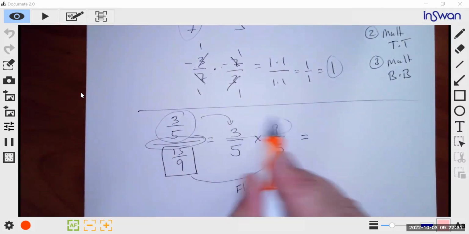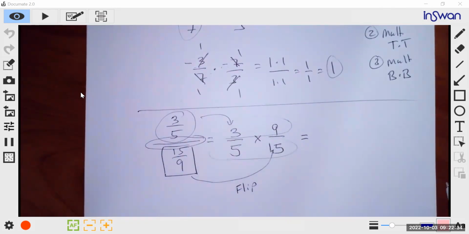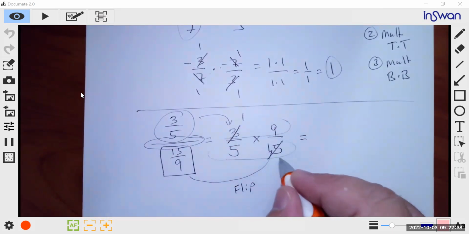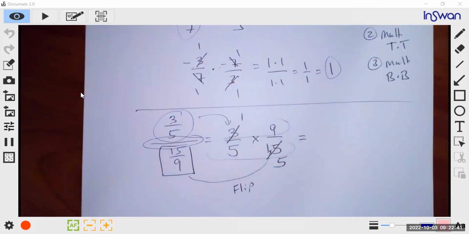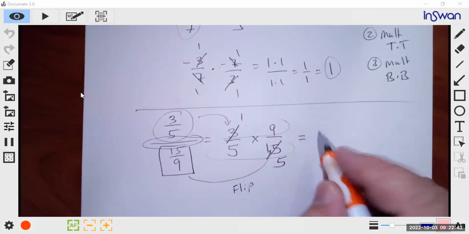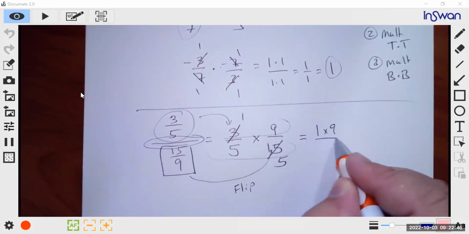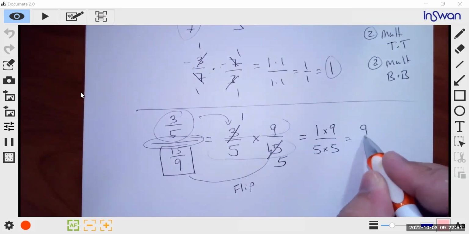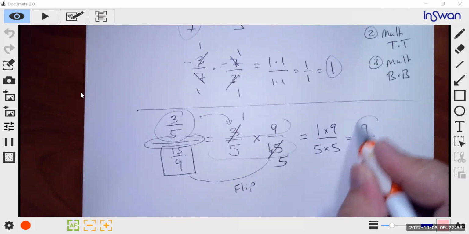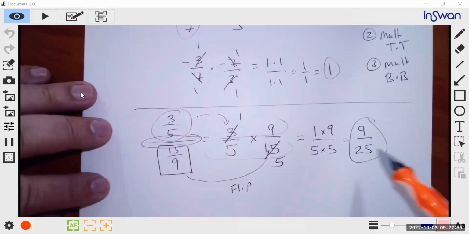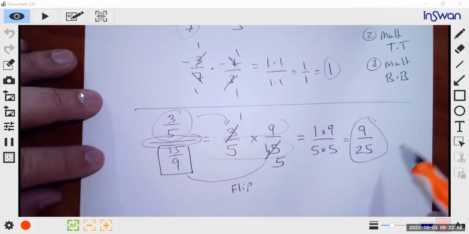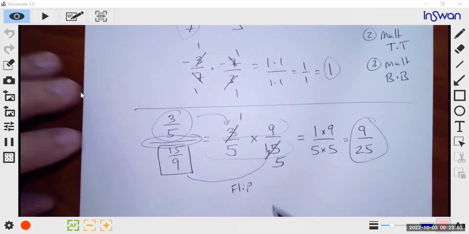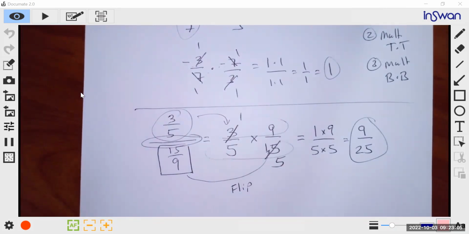Now, can anything on top cancel with anything on the bottom? The 3 goes into 3 once. 3 goes into 15 5 times. Nothing else. So we have 1 times 9 on top, 5 times 5 on the bottom. 9/25. That's as far as we can go, because if we could cancel it, we would have done it earlier. That's why you always cancel before you multiply.